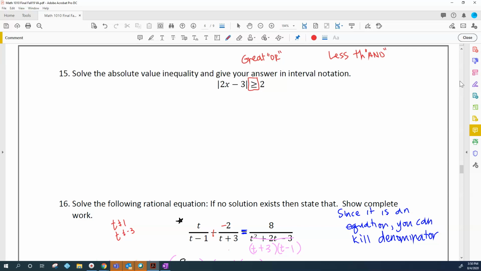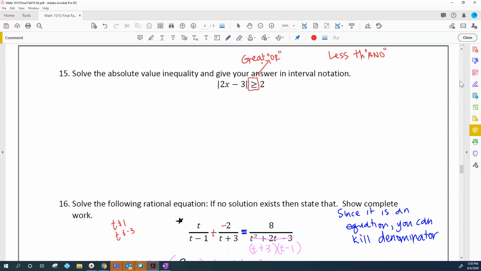So if it starts out with a greater than or equal to, then you're going to want an or statement. Okay? If it's a less than or equal to, then you're going to write an and statement.